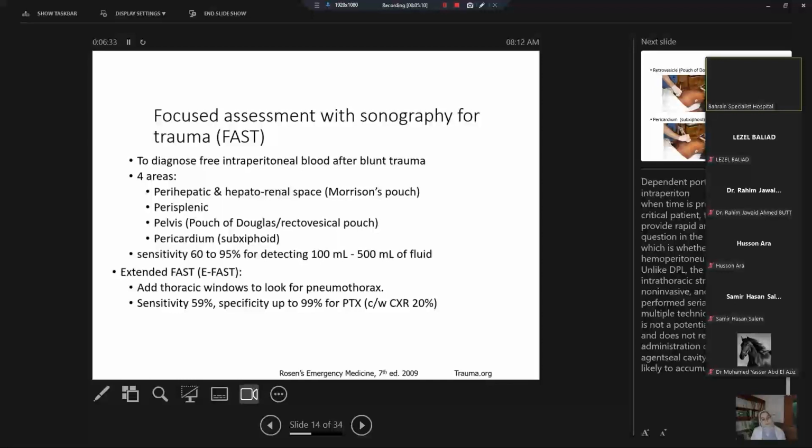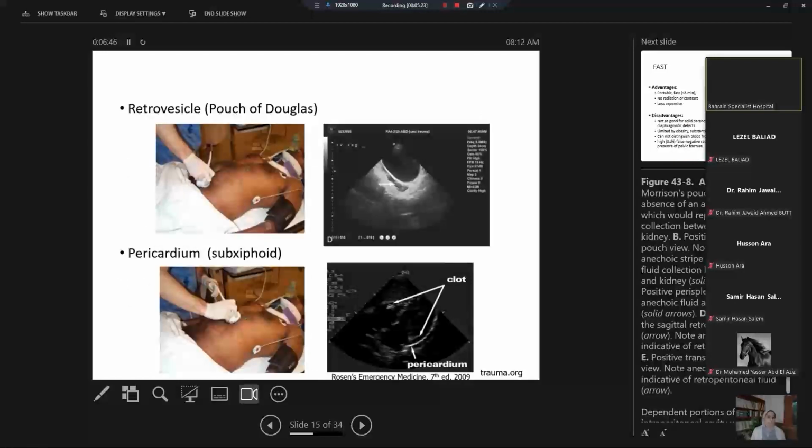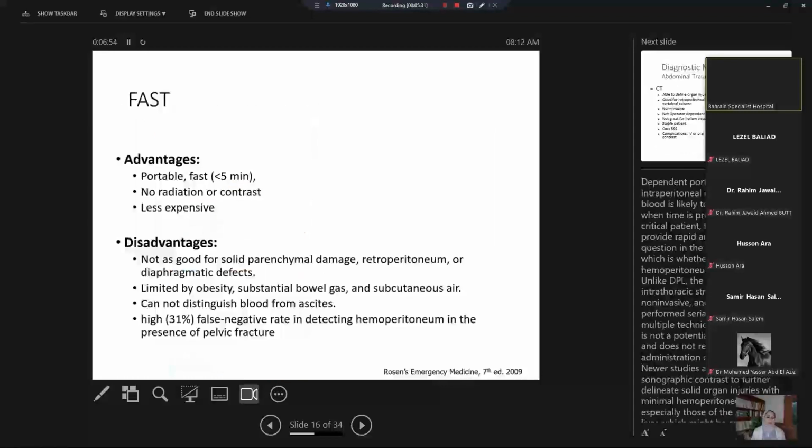We can also use the extended FAST, and so we can add the thoracic windows to look for pneumothorax. The sensitivity is 59%. Specificity can be up to 99%. This is looking for fluid in the retrovesical area and in the pericardium.